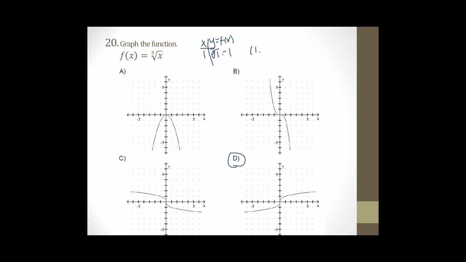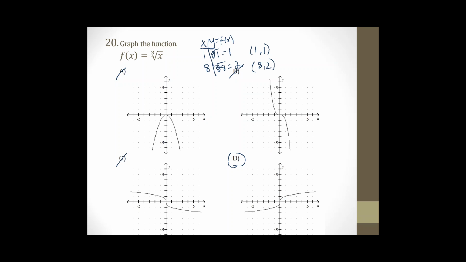So 1 comma 1 is a point on this function. 1, 1 is not a point on A. That doesn't work. B, 1, 1, that's not a point on this function. That doesn't work. 1, 1 is not on C. So that automatically tells us D has to be the function. And if you don't believe it, you can do another x value. Let's use 8, since 8 is a perfect cube. The cube root of 8 is 2. So 8, 2 is a point on the graph.